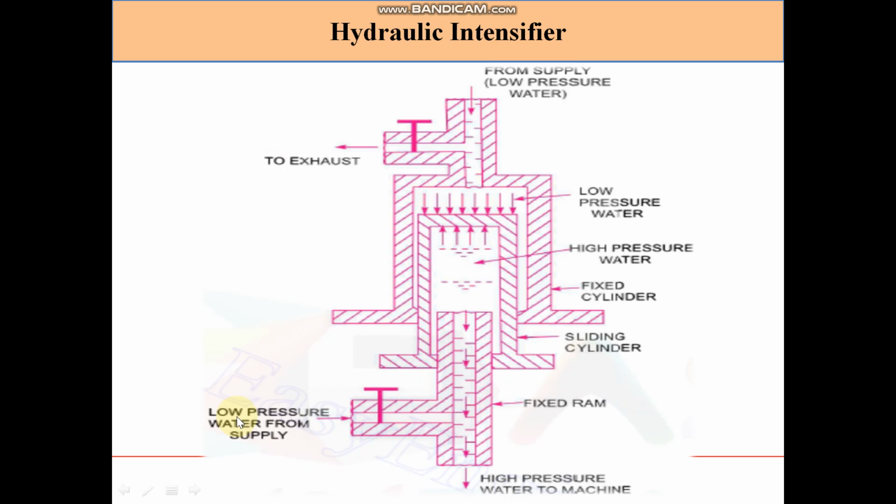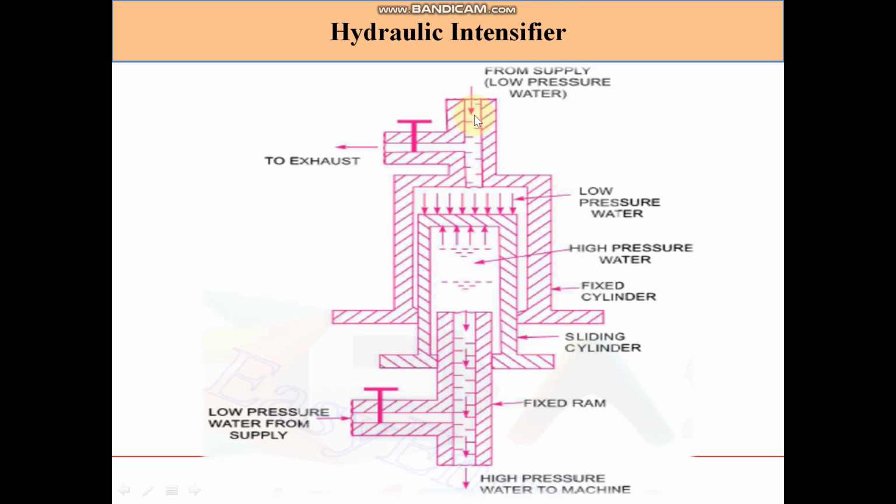In the first case, low pressure water enters the sliding cylinder, and the sliding cylinder is moving in the upward direction due to application of the force by the liquid, and low pressure water from this fixed cylinder is exhausted. Now it is required to close these two valves. The valves which were closed initially are now going to open.